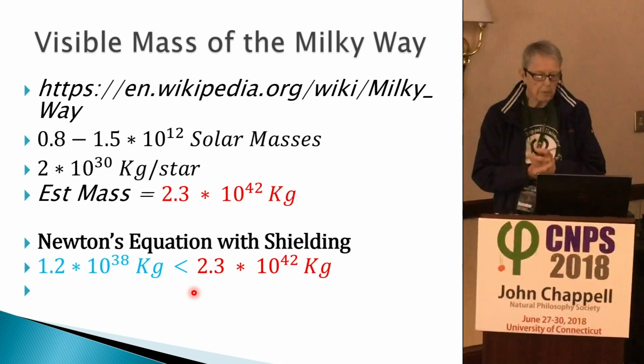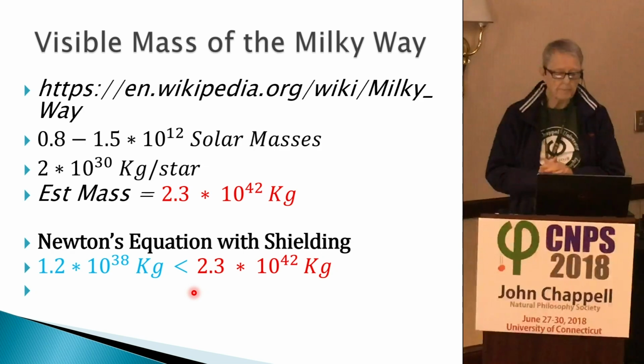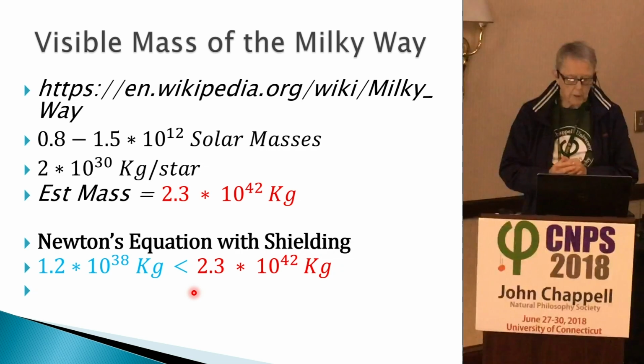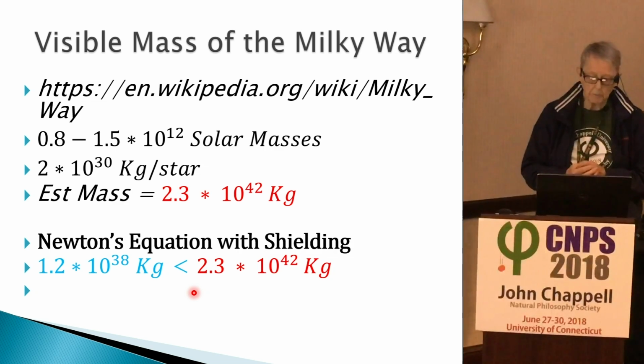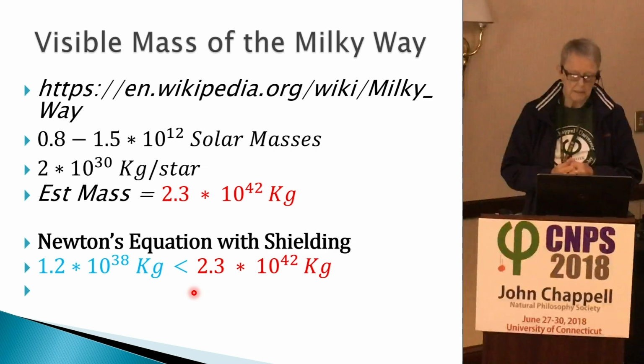So then I looked up the visible mass of the galaxy. In Wikipedia, now taking their words at face value, they estimate 0.8 to 1.5 times 10 to the 12 solar masses in our galaxy.